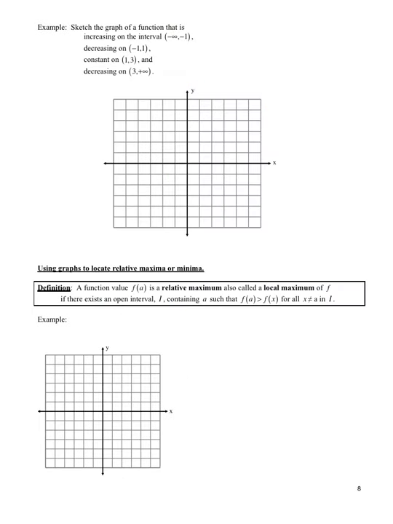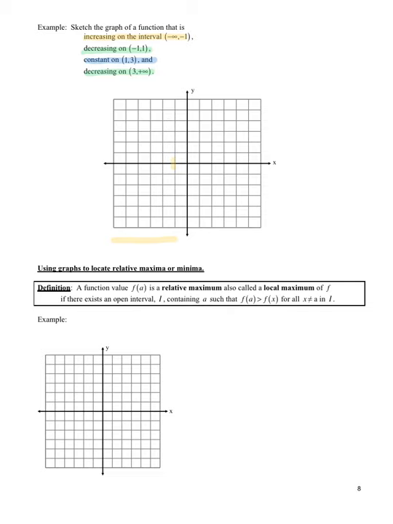Now, what if I put these together? What if I said, okay, let's graph a function that is increasing on this interval, decreasing on this interval, constant on this interval, and decreasing on that interval. Well, the first thing I'd want to do is maybe look at these intervals. From -infinity to -1, that's my first interval. It has to be increasing on that interval.